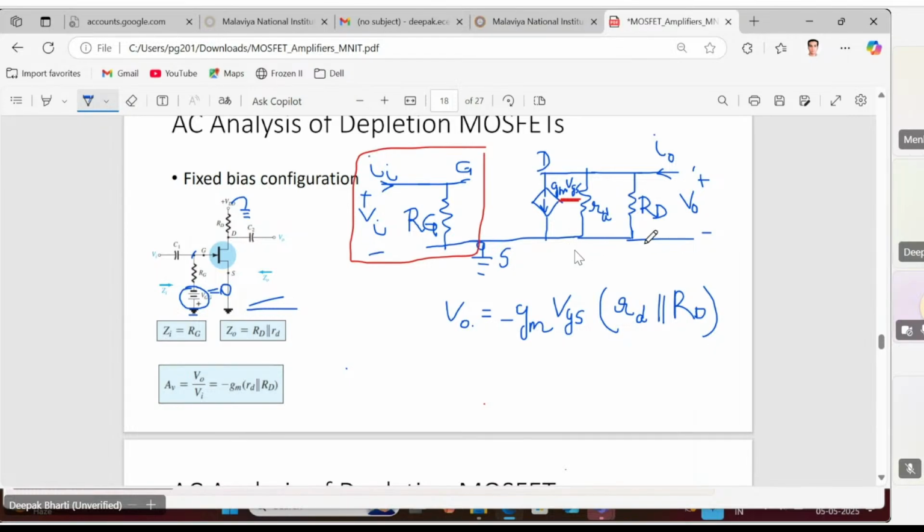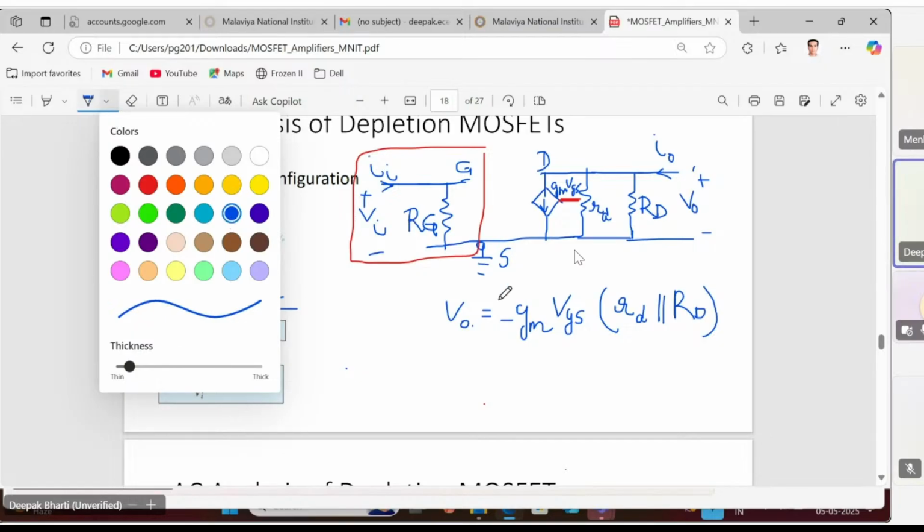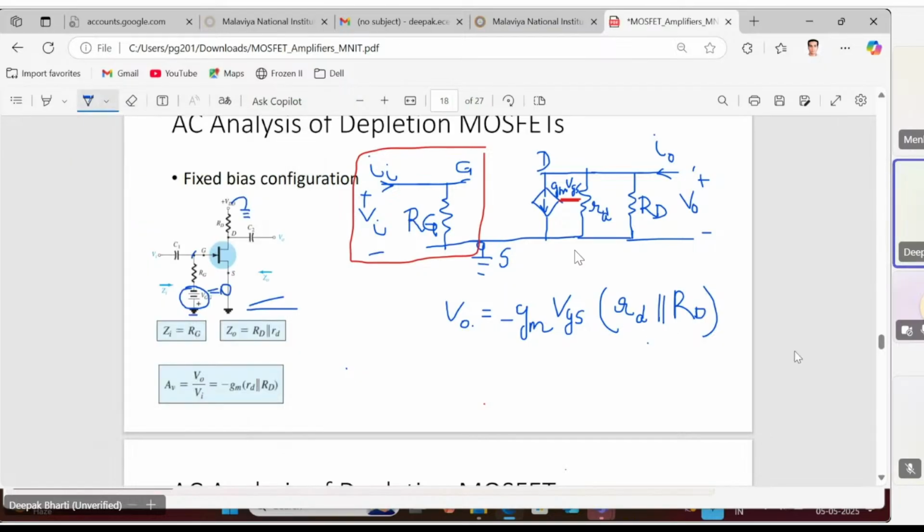Like this should be higher, this should be lower. All of us know that current flows from the location of higher potential to lower potential. So as per this, higher potential should be at the bottom, and the lower potential should be at the top. So that's why to take this into account, we have put the negative sign: minus GM VGS times rd parallel RD.